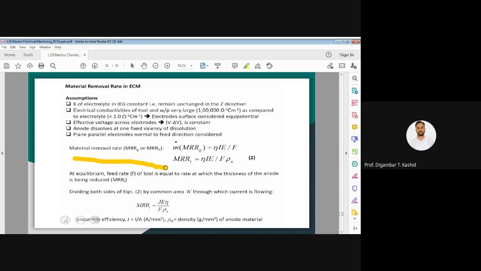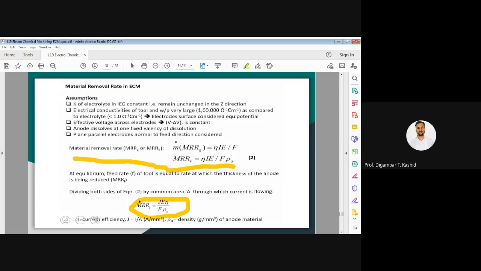The anode dissolves at one fixed valence of dissolution. Using that simplification, you will get the formula like this and this.